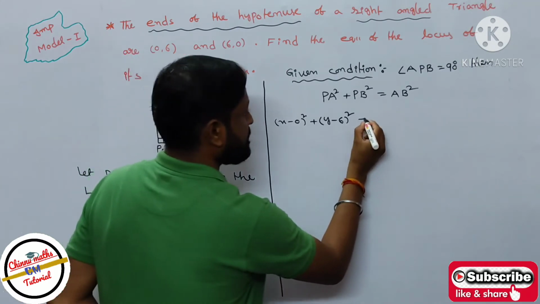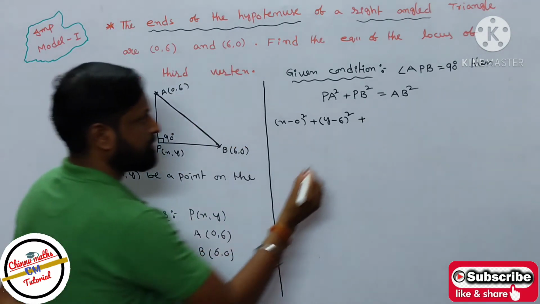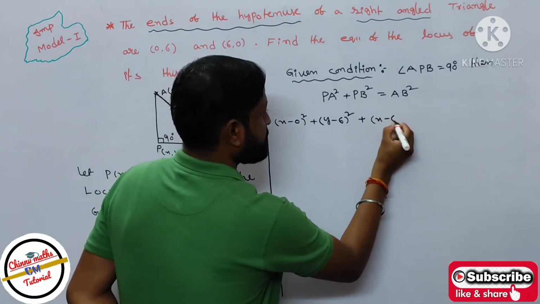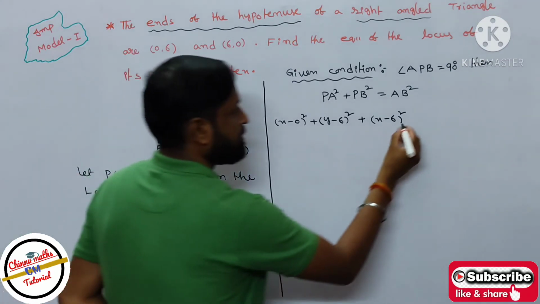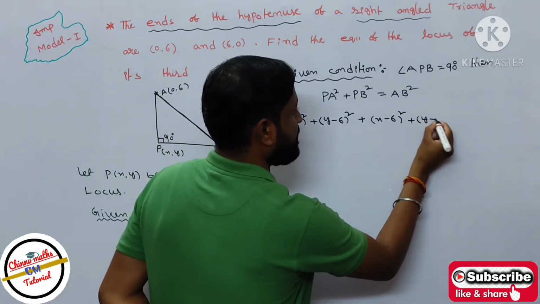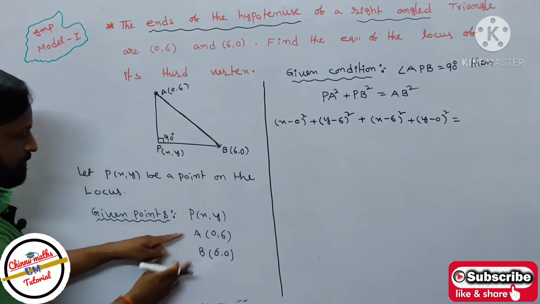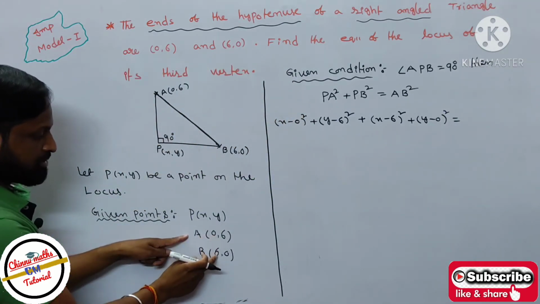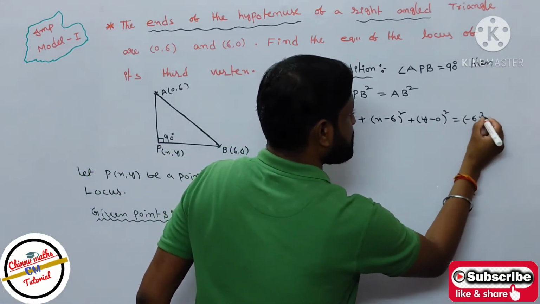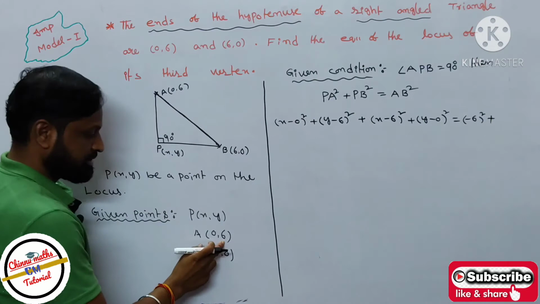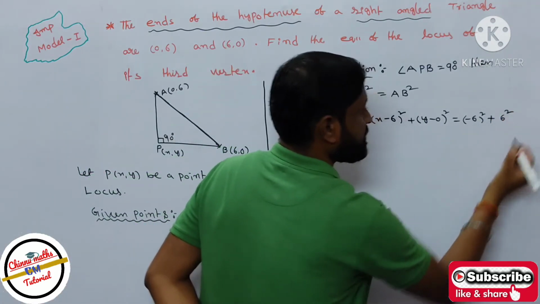Similarly, PB square means take these two points: (x minus 6) whole square plus (y minus 0) whole square. It is equal to AB square, which is (0 minus 6) whole square, that is minus 6 whole square, plus (6 minus 0) whole square, that is 6 whole square.